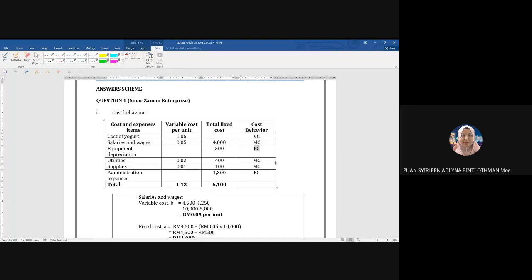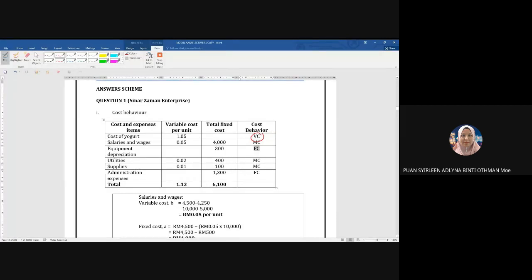Cost of yogurt is actually direct material, and direct material is by characteristic a variable cost. If you want to prove it, when you divide by units you get the same value, which is RM1.05. So cost of yogurt is a variable cost.